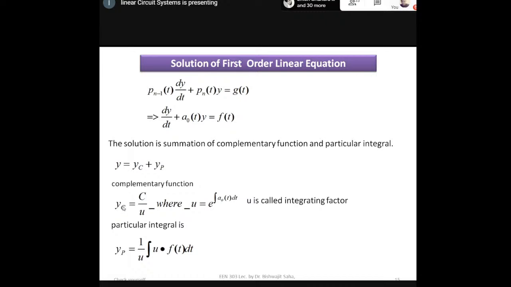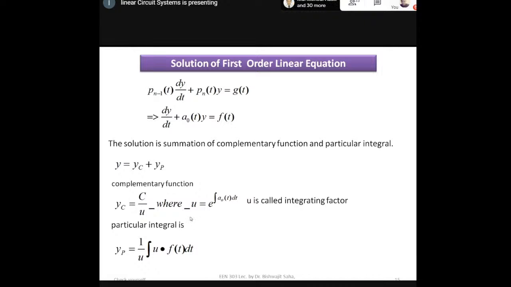After that, if the equation is non-homogeneous, then we have to derive another term which is called the particular integral. That particular integral is considered as yp, and yp equals 1 over u, where u is the integrating factor, times the integration of the integrating factor multiplied with the right side function of the equation, that is f of t.